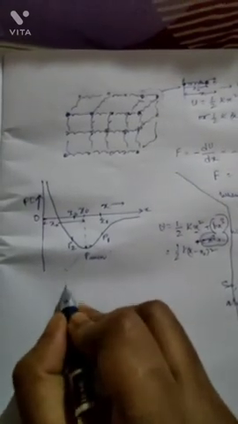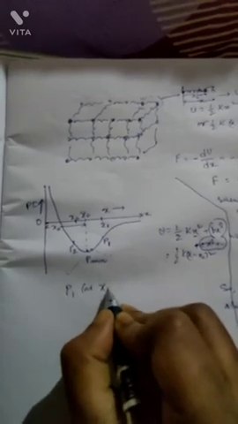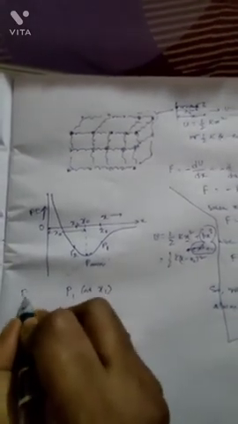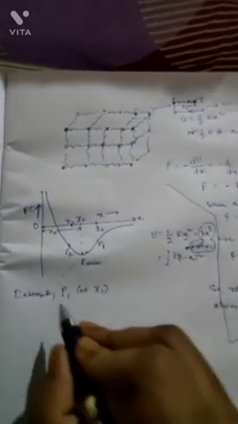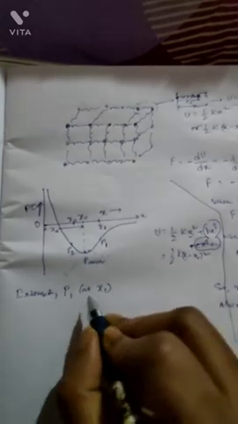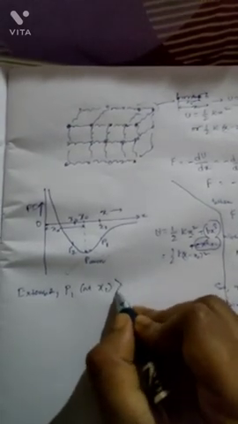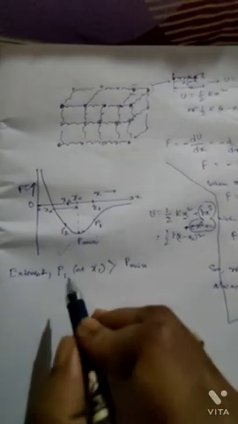Now potential energy P1, at x1, is what? Extension. So for extension, this potential energy P1 is greater than P minimum. So a system will always try to get to the minimum potential energy.